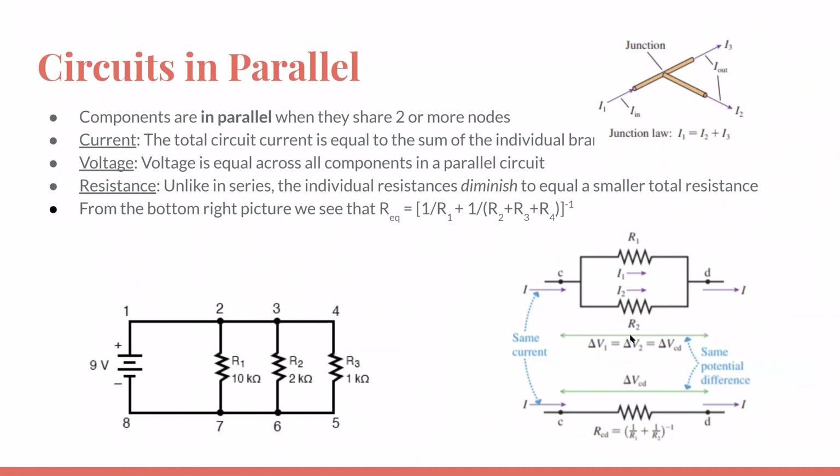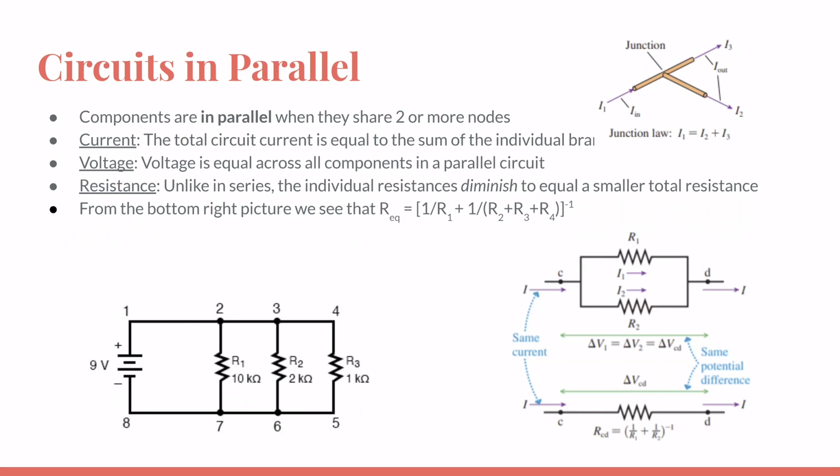So circuits in parallel. Components are said to be in parallel when they share two or more nodes, and the current for a circuit in parallel is going to be equal to the sum of all the individual branches. This is the same as Kirchhoff's junction law.